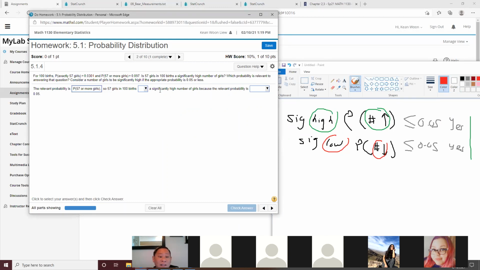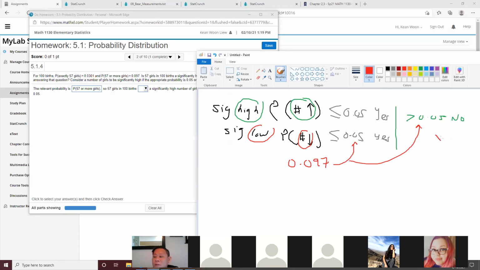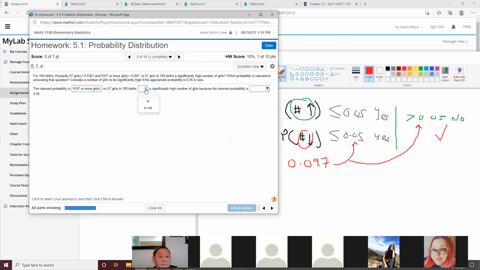So every time you ask about significantly high, make sure it's that number and above. What is the probability that's above? 0.097, right? Is 0.097 less than 5% or more than 5%? More. It's more than 5%, right? So is it significant or not?